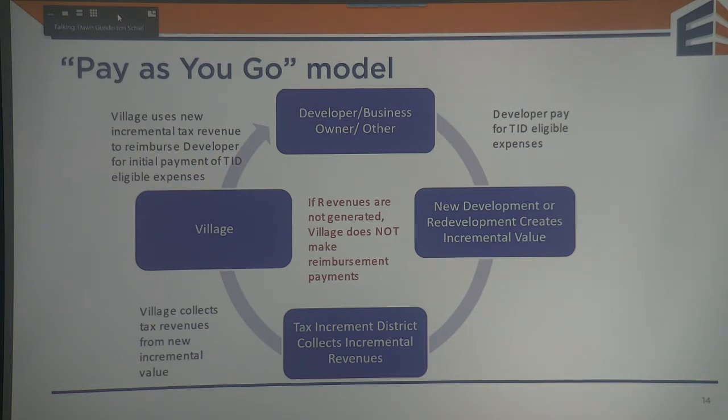Moving up the chart to the left, the village takes those tax collections and uses that revenue stream to reimburse the developer for those upfront project costs that they paid. So the developer is being paid back on a pay-go basis over a period of time as the value is collecting taxes on their new development.